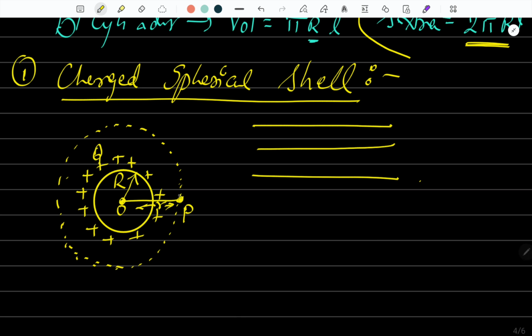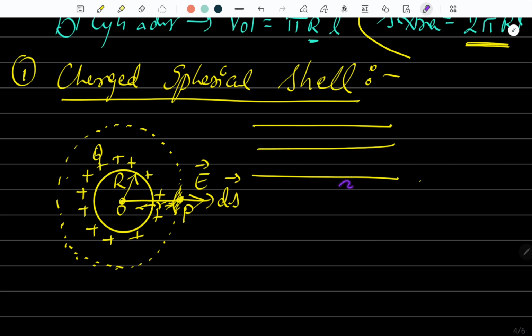After this we consider a small area ds, and its area vector ds comes outside. Electric field at this point P is also in the same direction, because all the charges here together act as if they were a single point charge.